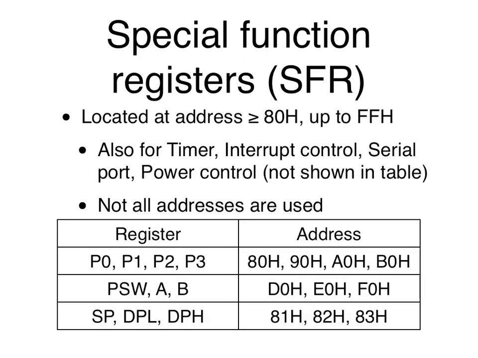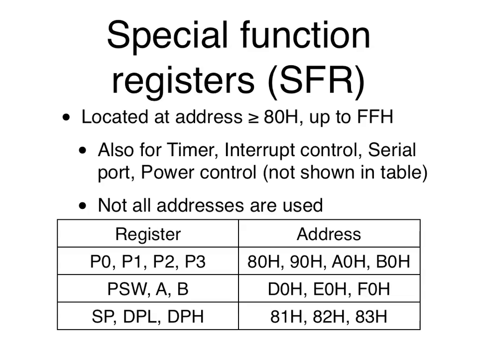Okay, now let's look at special function registers again. So SFRs, they're located in the iData space from 80 and up to FF, hexadecimal. Now, we'll look at these different ones over time.